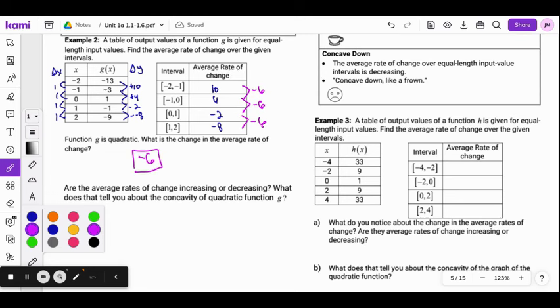So down here, this question, is the average rate of change increasing or decreasing? What does that tell you about the concavity? So the average rates of change are going down, right? So for this one, we are decreasing because we are negative. Okay, so the average rate of change is decreasing.